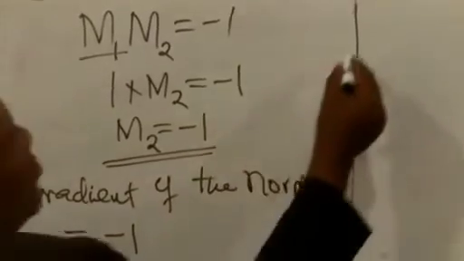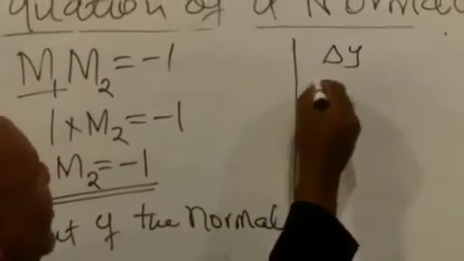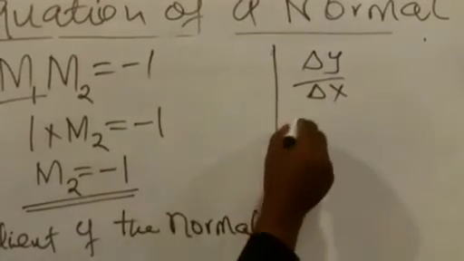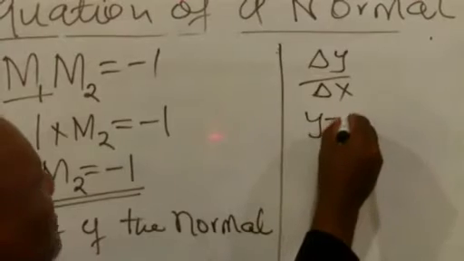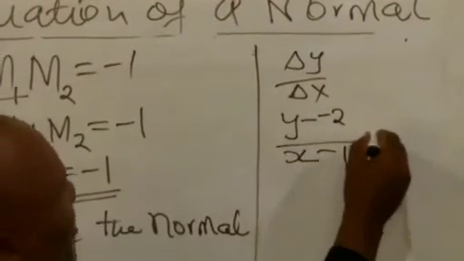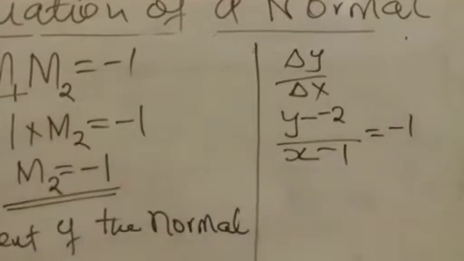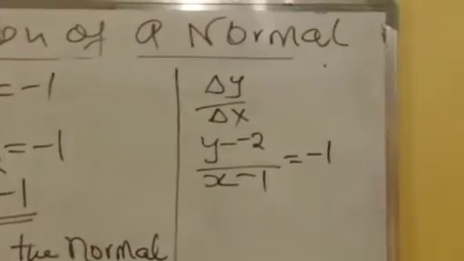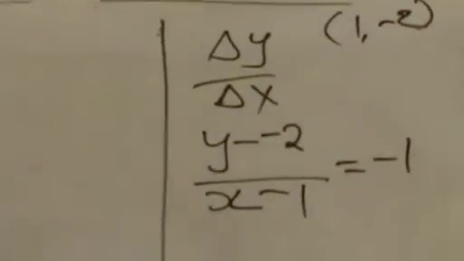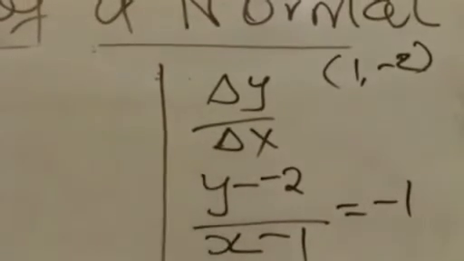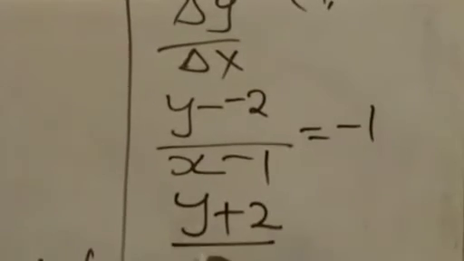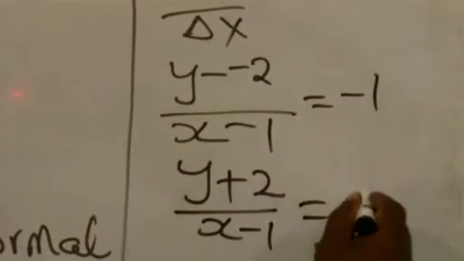Then we proceed to get the equation of the normal. The equation of the normal is change in y over change in x. We know the point, which is (1, -2), so y minus -2 all over x minus 1 should equal -1. So this one is y plus 2 all over x minus 1 equals -1.